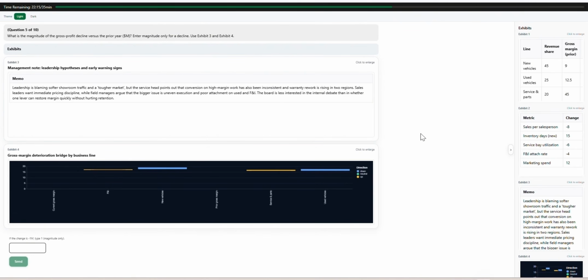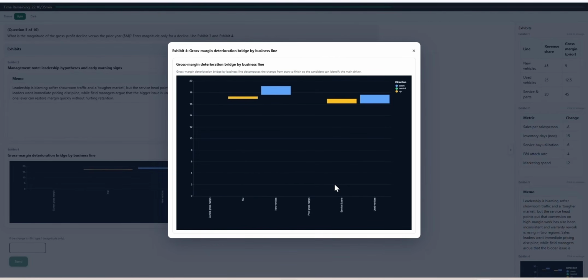I'll tell you up front that the number is 47. But why? Right. If we look at question 2 and repeat the exact calculations from there, but plug in the prior margins from the exhibit instead of the current margins, what we get is prior year gross profit.